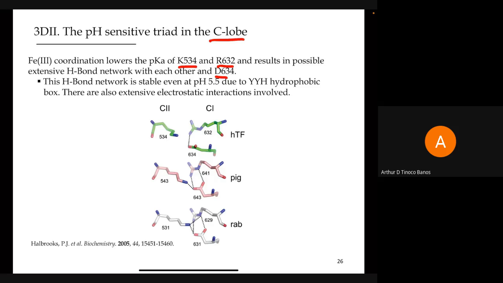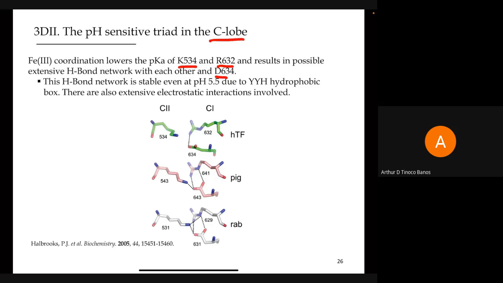They have this hydrogen bond network, or electrostatic network, that allows them to have a strong interaction with one another, which also helps to keep this respective lobe closed. So acidification of this site can also lead to a disruption of this strong interaction and thus an opening of the C lobe.